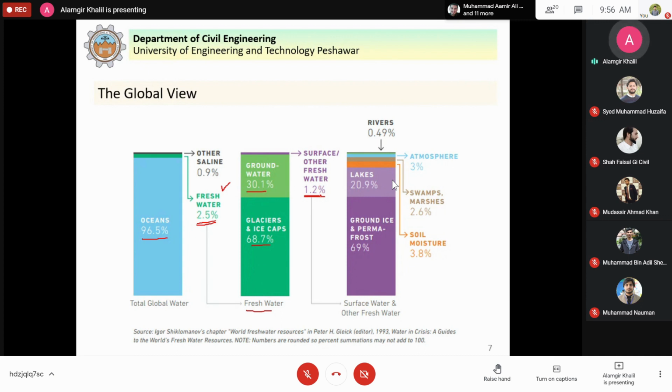And then of this 1.2% surface water and other fresh water, the lakes contribute 20.9%, and the ground ice or permafrost is 69% of this 1.2%.